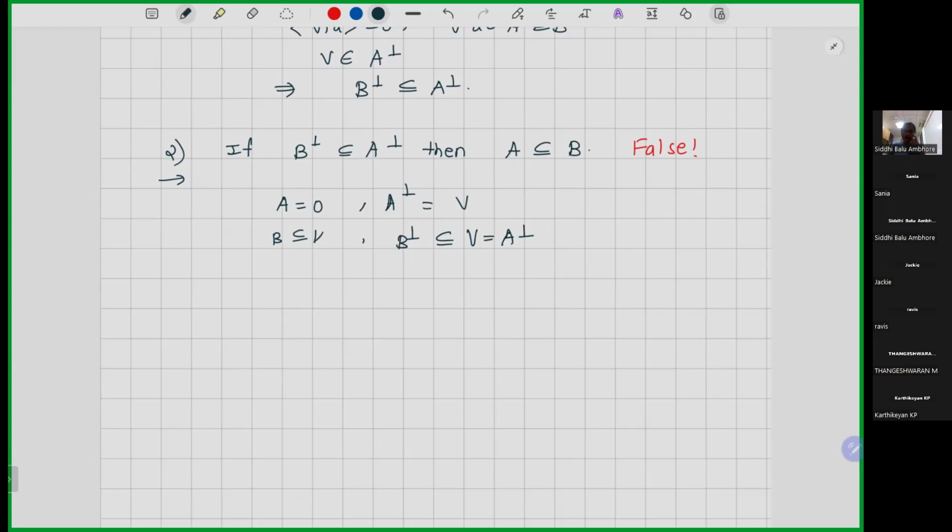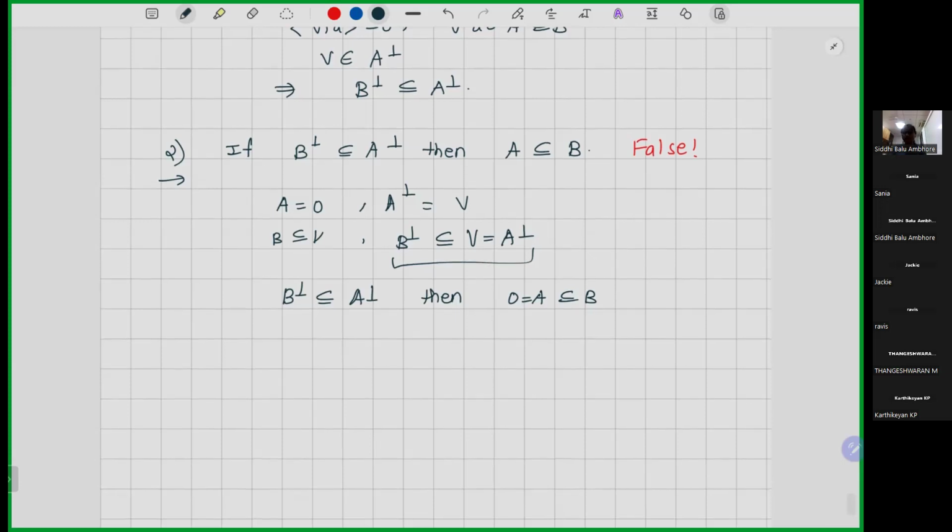So this is not a contradiction. In this case, B perp is contained in A perp, but A, which is zero, is also contained in B. So this is not a counterexample. This is in fact satisfying the given statement.